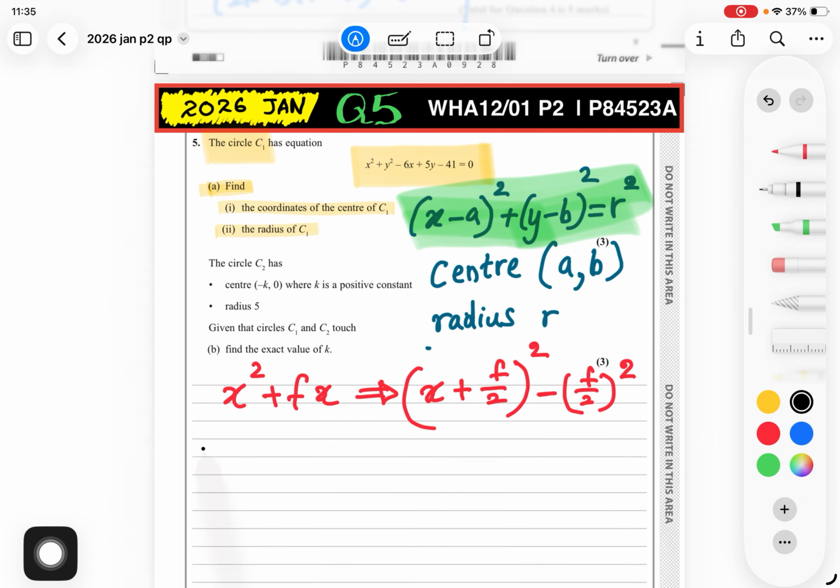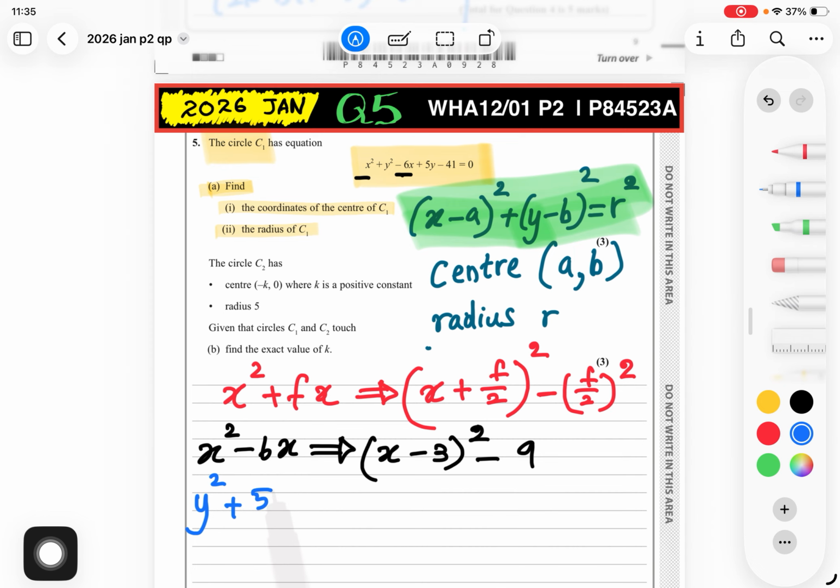So we have x² − 6x. What we can do is write (x − 3)² − 9. So this is our first one. These are the two terms related to x. The other terms are y² + 5y.